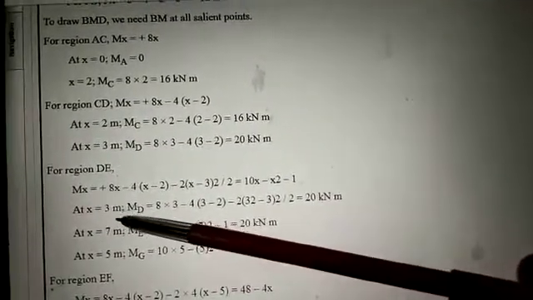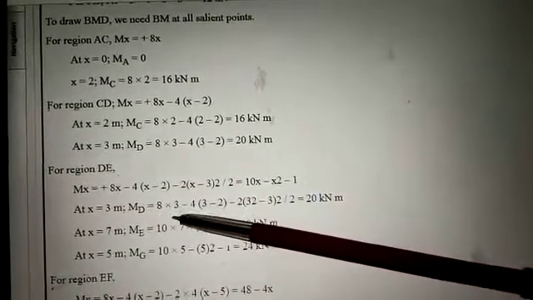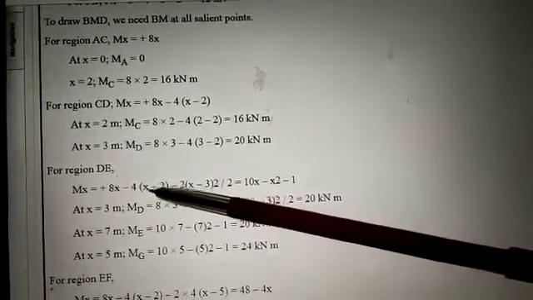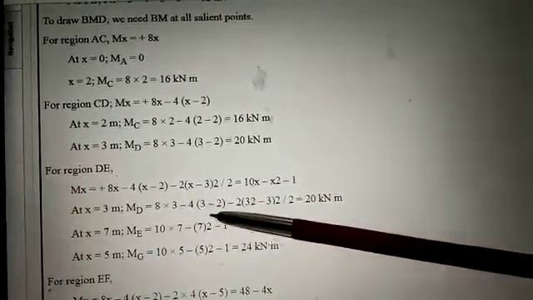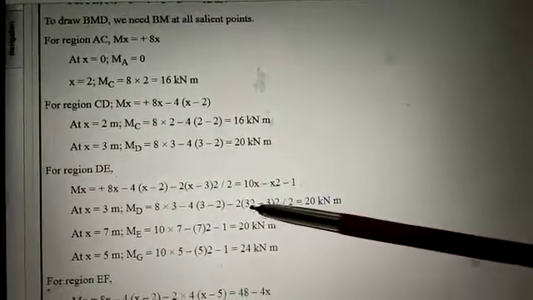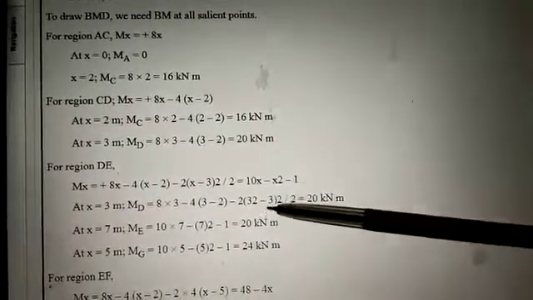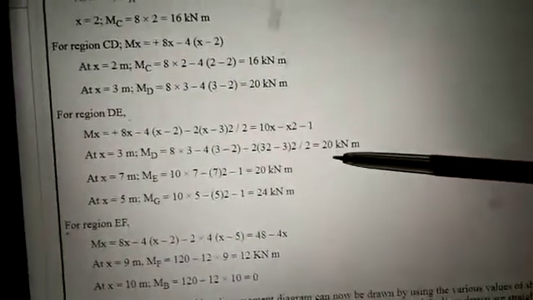Now at x is equal to 3 meter, MD will be 8 into 3. We will put the value in this equation. Then minus 4 into this value of x, which is kept as 3. We obtain 20 kilonewton meter.